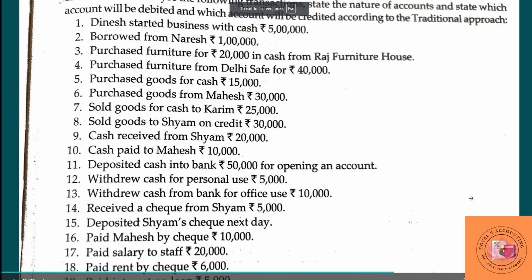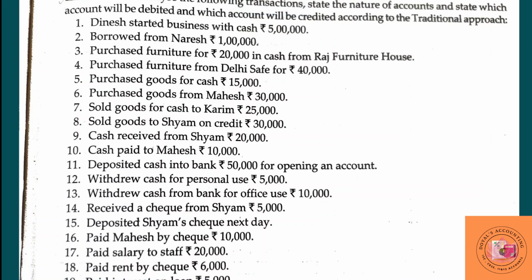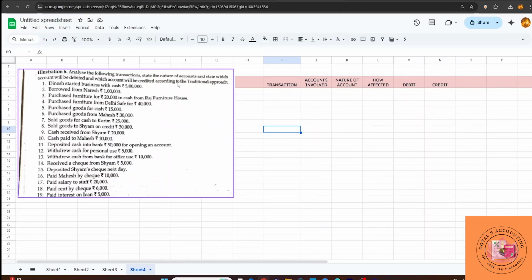Now, let us see an illustration. This is quite a big one, and it will really clear up all your concepts. Analyze the following transactions and state the nature of accounts and state which account will be debited and which account will be credited as per the traditional approach.